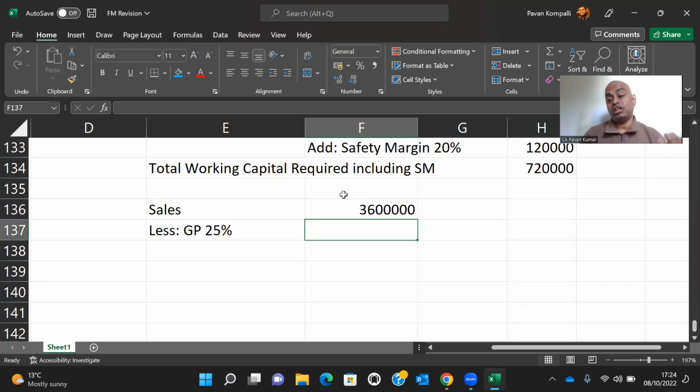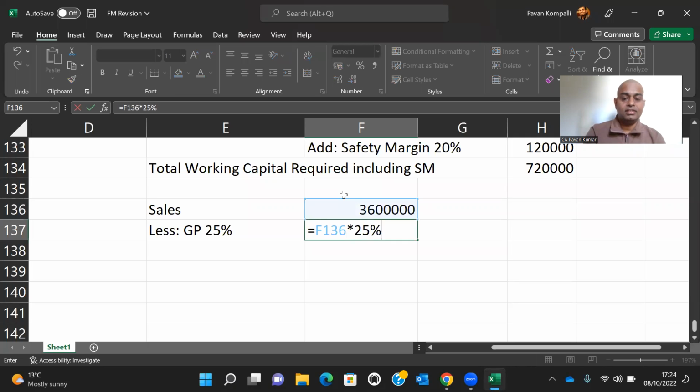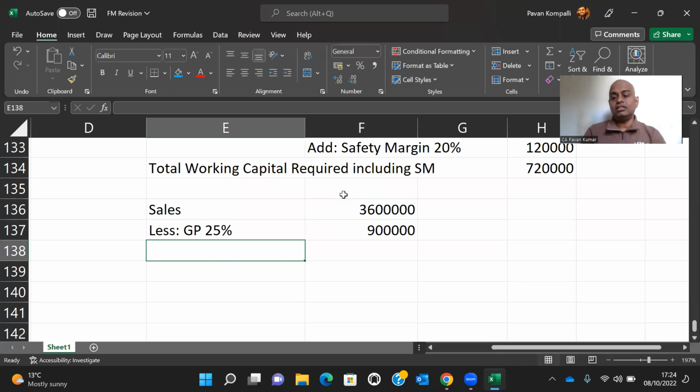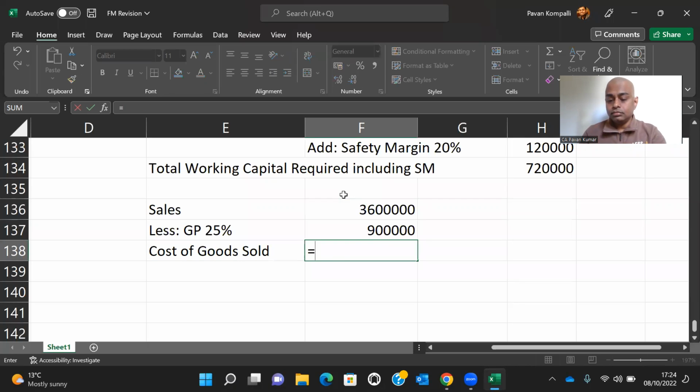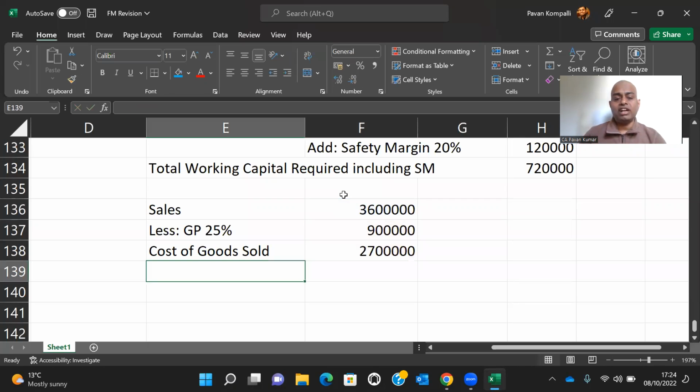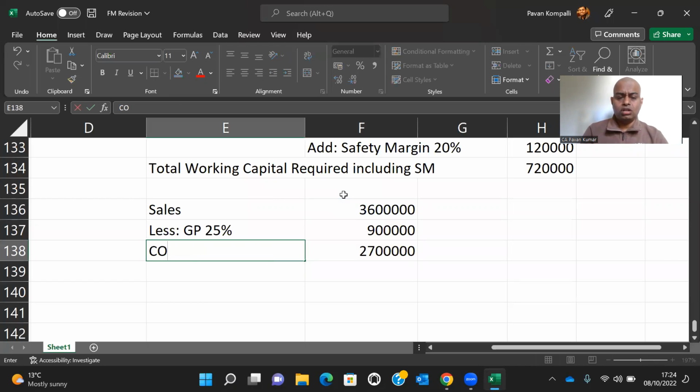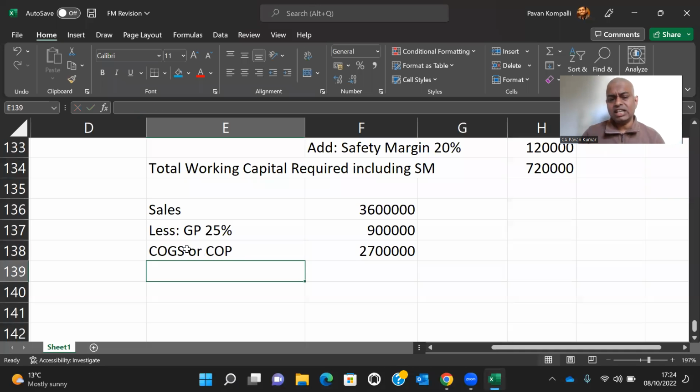You are subtracting that. So what is cost of goods sold? 27 lakhs. You call it cost of goods sold, you call it cost of production, as the case may be. In some questions you call it cost of goods sold, in some questions cost of production.